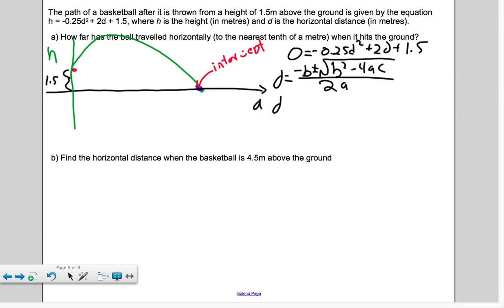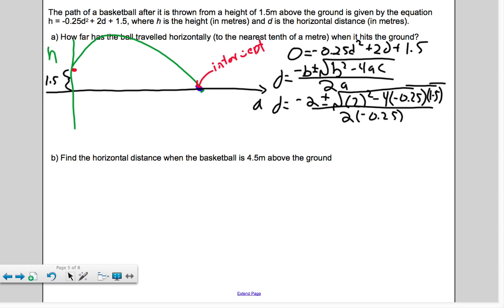So d is equal to, b here is my positive 2, so we've got minus 2 plus or minus the square root of 2 squared minus 4, a here is negative 0.25, and c is 1.5, all over 2 times a, which is negative 0.25. Okay, so plug that in the calculator.